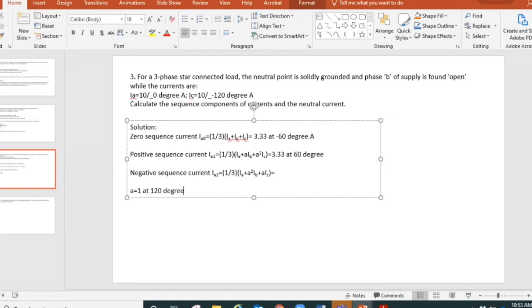So 1 at 120 degree times 10, it has to be squared. So it will become 1 and 240 degree, and then you multiply it with that 10 at an angle minus 120. So that should give us 10 at an angle 120.